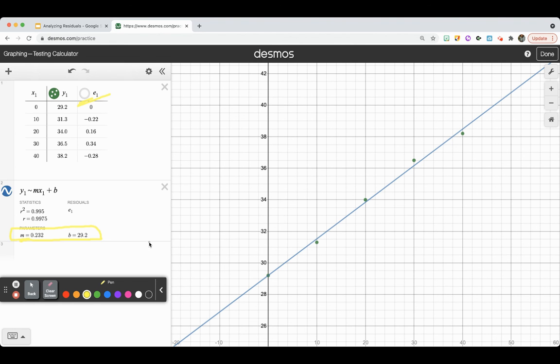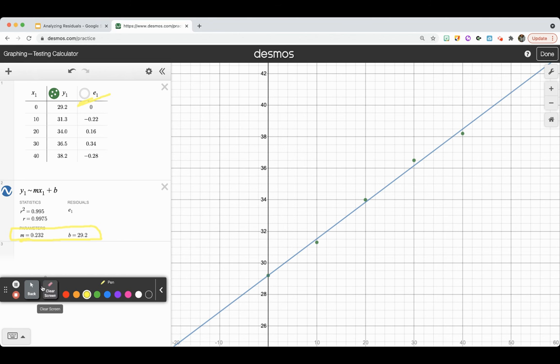For your practice today, they're going to give you a line of best fit. Sometimes on the EOG, it's going to ask you to find the line of best fit and then plot the residuals. But whenever you put this in the calculator, don't use this information in the table, because they're going to give you a line of best fit to use. Sometimes it can be what the calculator gives you, but it could also be different.